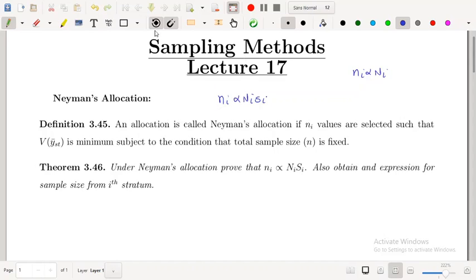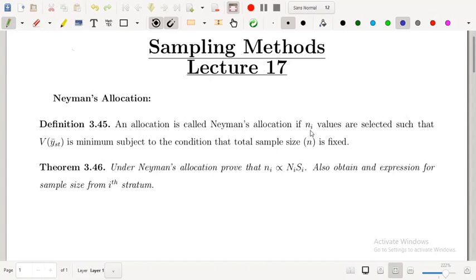So the definition of Neyman's allocation is like this. An allocation is called Neyman's allocation if ni values are selected such that the variance of Y bar st is minimum, subject to the condition that the total sample size n is fixed.